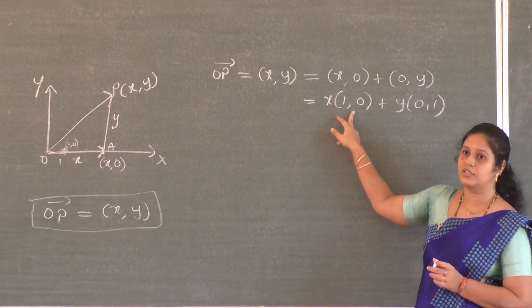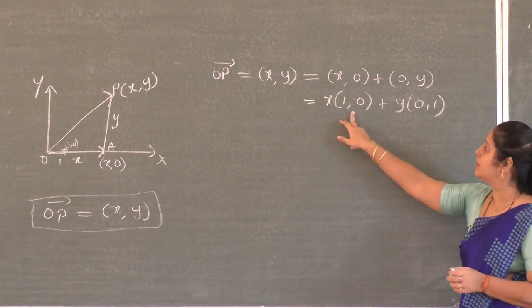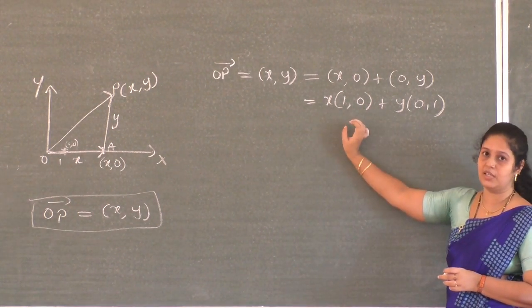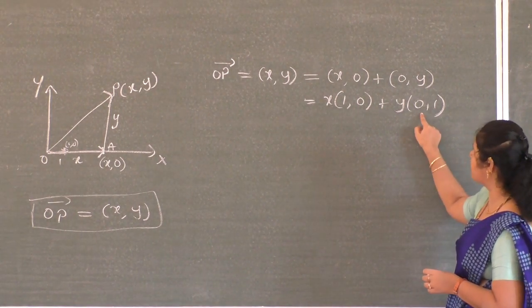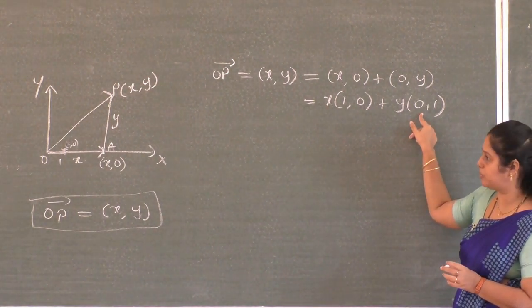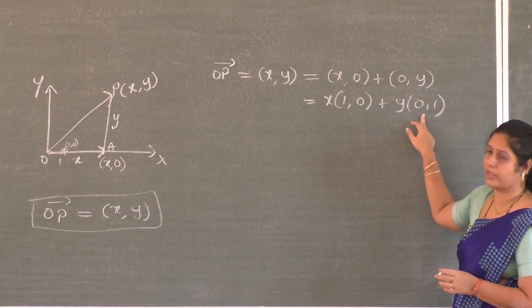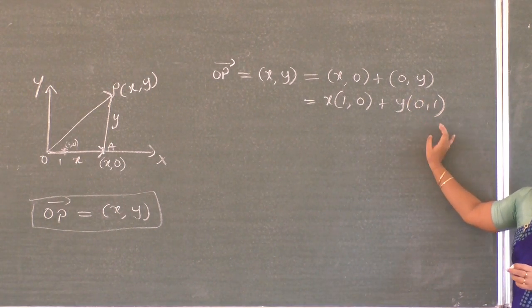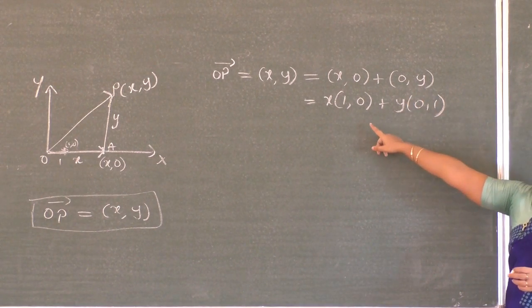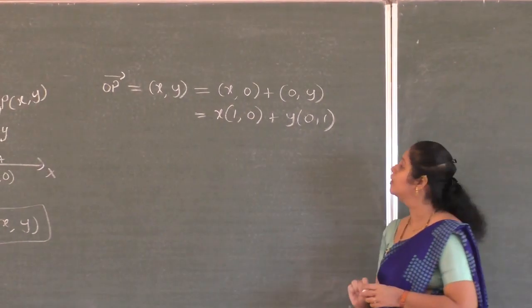This point lies on the x axis. Therefore the x axis unit vector we write as i cap, and 0 comma 1 is also a unit vector because the distance is equal to 1. So we write it as j cap. So the y axis unit vector is called j cap, the x axis unit vector is called i cap, or we can call them base vectors also.